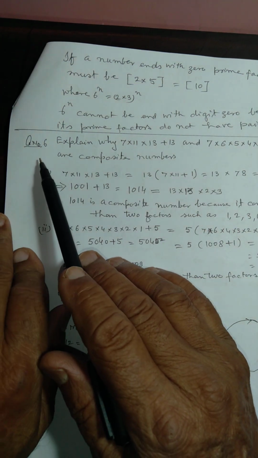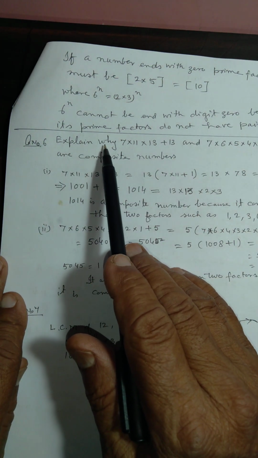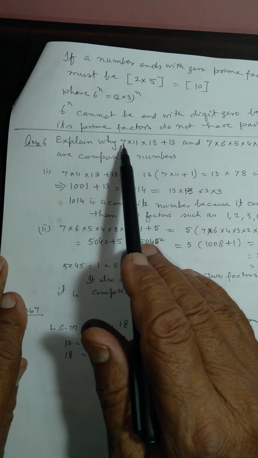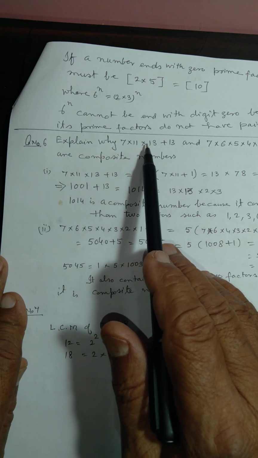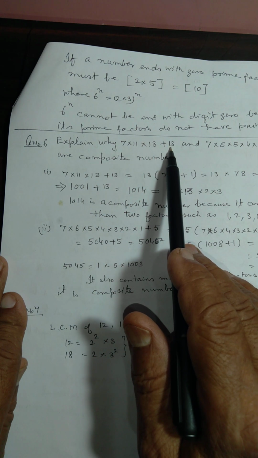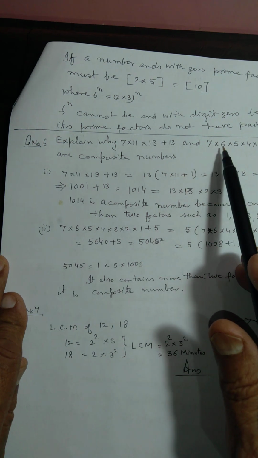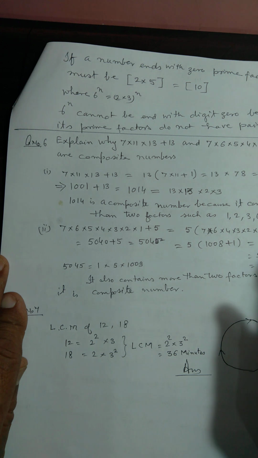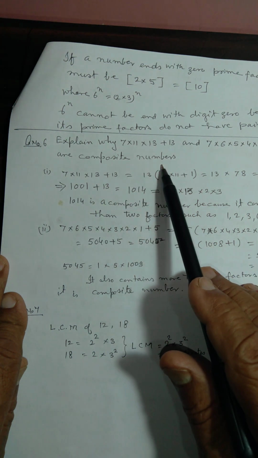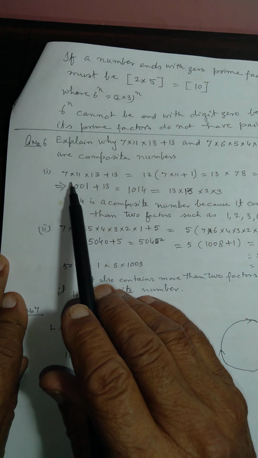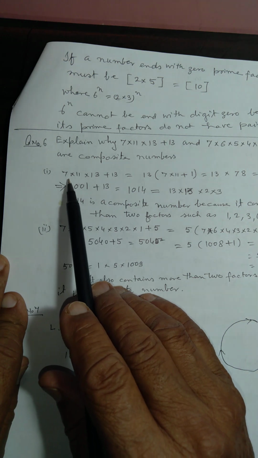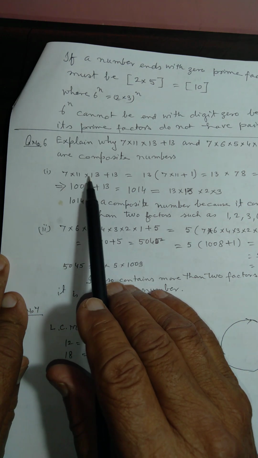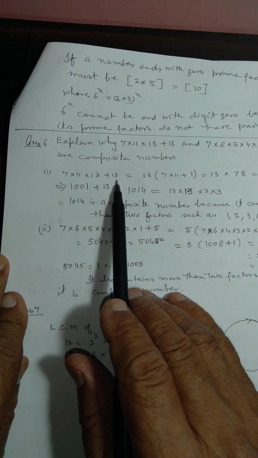Now question number 6. Explain why 7 into 11 into 13 plus 13 and 7 into 6 into 5 into 4 into 3 into 2 into 1 plus 5 are composite numbers. First, I have taken the first number, 7 into 11 into 13 plus 13.